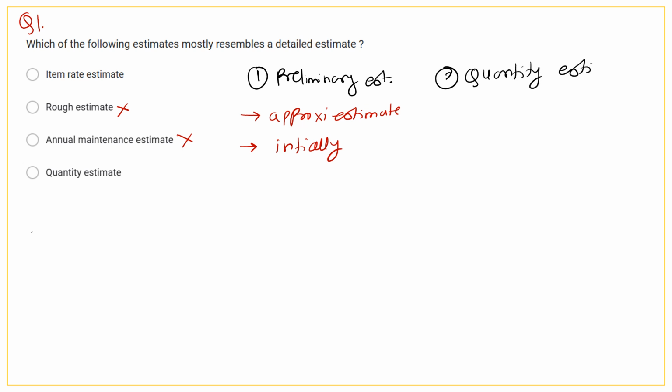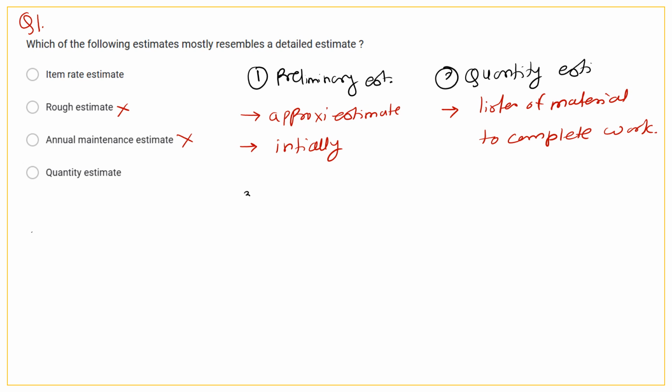The quantity estimate is that estimate which gives the list of materials required to complete the work. This is nothing but the quantity estimate.